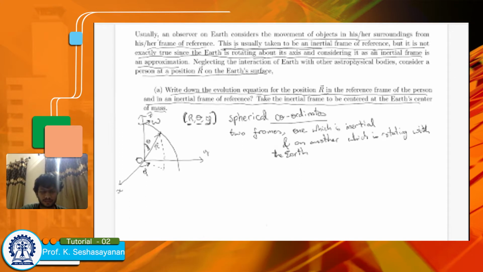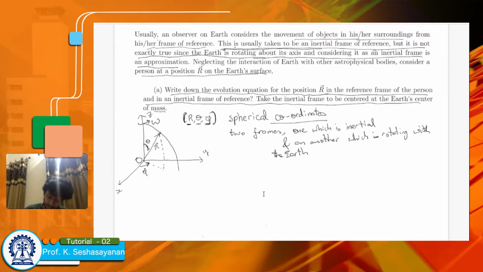So our rotation rate of Earth is denoted by omega, and we'll consider 2 frames of reference. One that is stationary, x, y, z, and another one rotating about the z axis with the rate omega. So these are 2 reference frames.